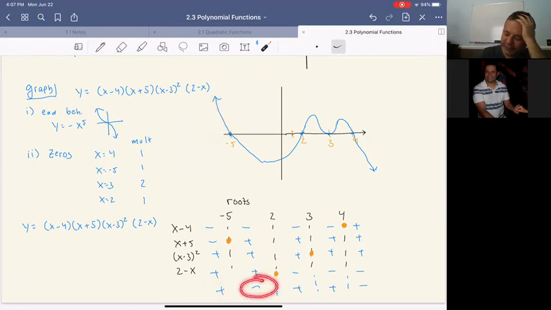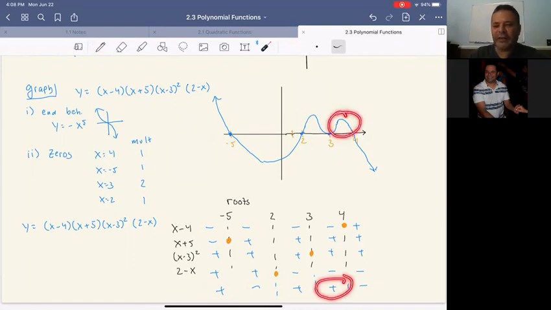Between negative 5 and 2, it's negative. It's below the x-axis. Between 2 and 3, it's positive. Between 3 and 4, it's positive again. And then after 4, the whole thing is negative.